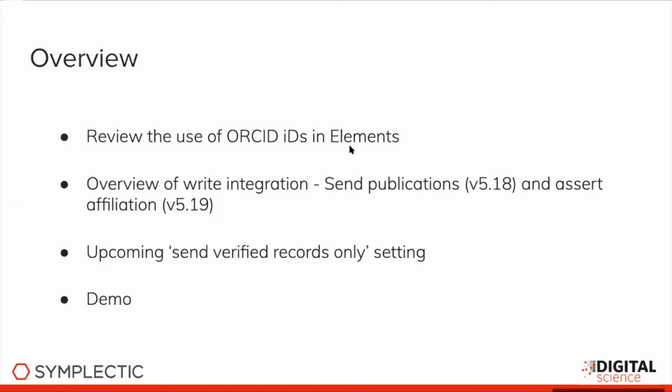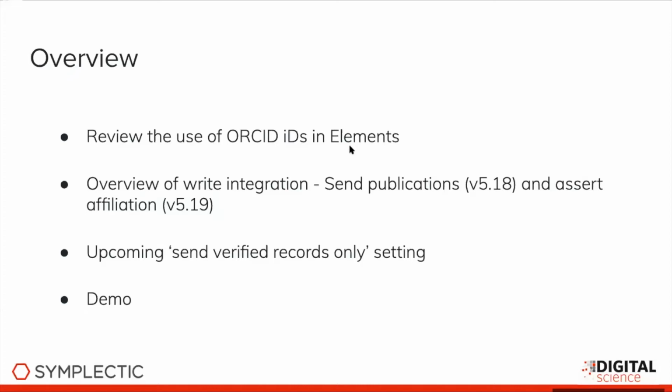And after I've run through the current approach to the behavior around ORCID IDs and Elements, I'll then speak through the new write integration, what we're here for. And this is formed of two components. This is the ability for users to send their publications over to ORCID, and also to assert their affiliation with an organization in ORCID.